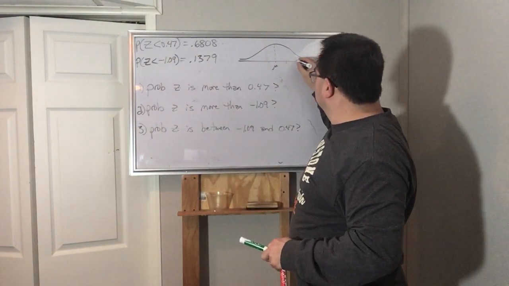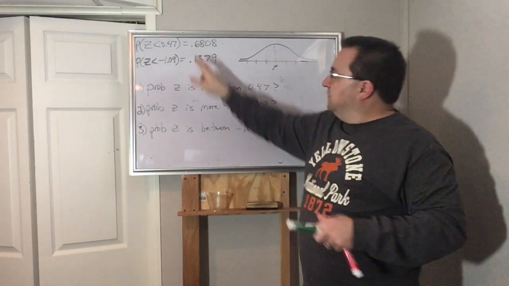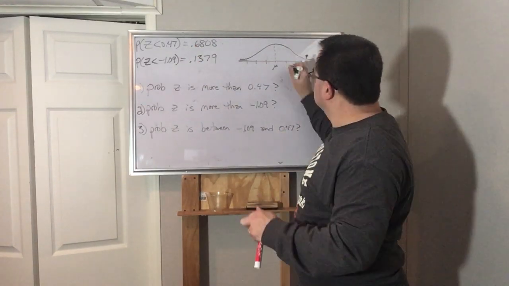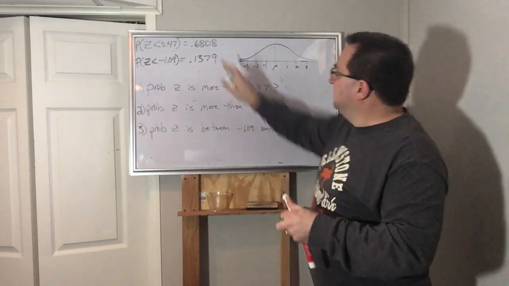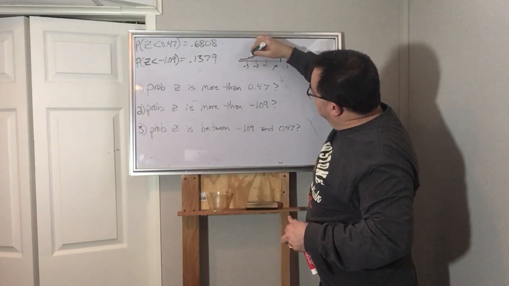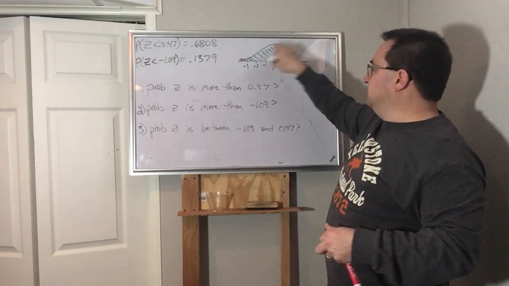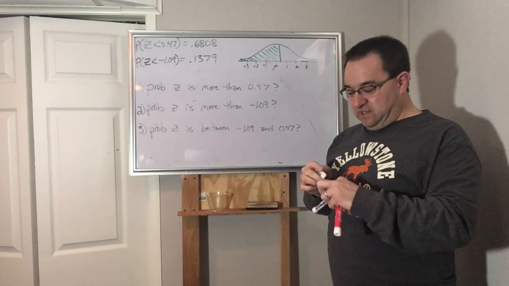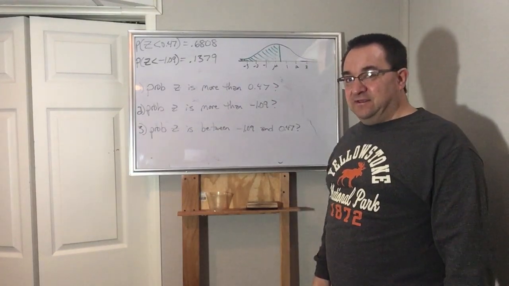So if this is 1, 2, 3, minus 1, minus 2, minus 3, this is saying if this is 1 standard deviation, 0.47 is about halfway. So out of all the area under the curve, from there back would be 68%. That's what we're saying. If that's clear to you, this should be easy.